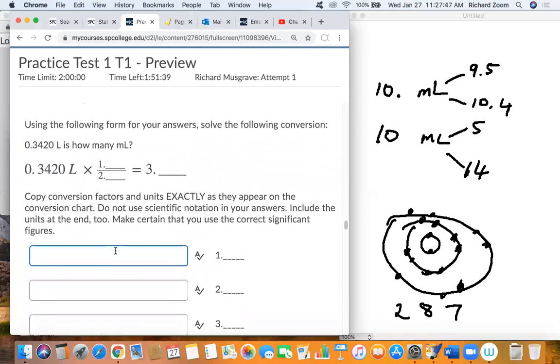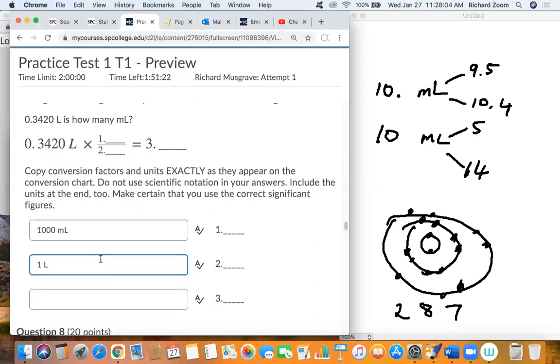So for the next one, we're going from liters to milliliters. We know that 1 is 1,000 milliliters. We know that 2 is 1 liter. And we're trying to get it into milliliters.